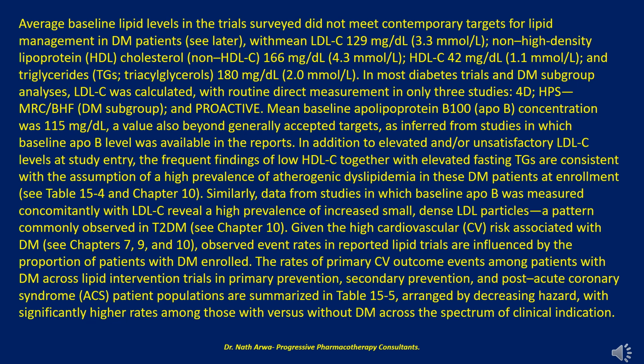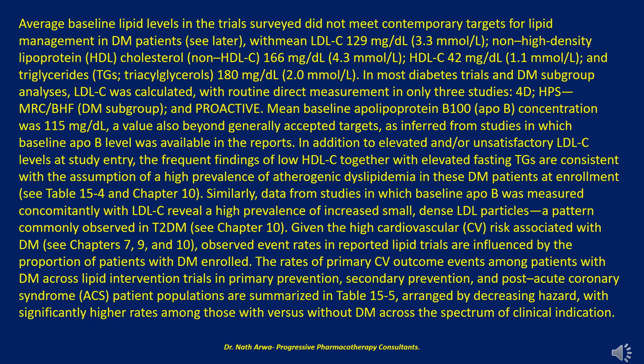With mean LDL-C 129 mg per deciliter, that is, 3.3 millimoles per liter, non-high-density lipoprotein, HDL, cholesterol, non-HDL-C, 166 mg per deciliter, 4.3 millimoles per liter, HDL-C 42 mg per deciliter, 1.1 millimoles per liter, and triglycerides, TGs, triacylglycerols, 180 mg per deciliter, 2 millimoles per liter.